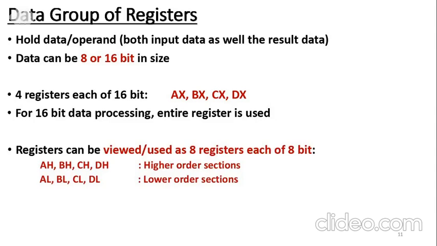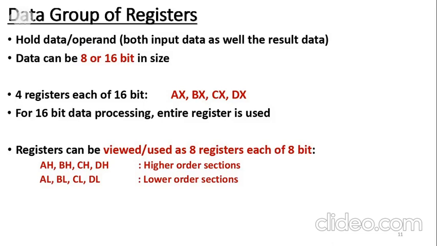But these registers can also be viewed or used as 8-bit registers, and such a total of 8 registers will be available here. It means that register AX has 2 parts. The higher order 8 bits are AH and the lower order 8 bits are AL.